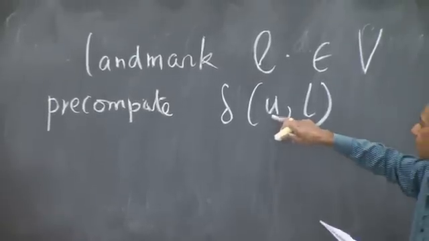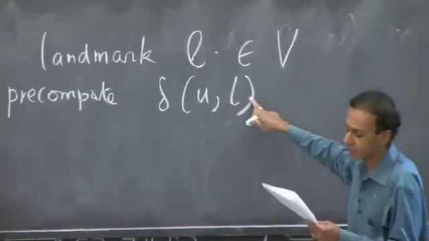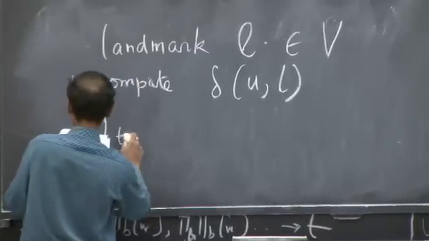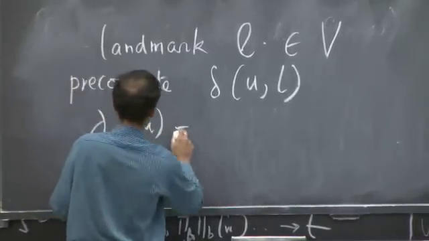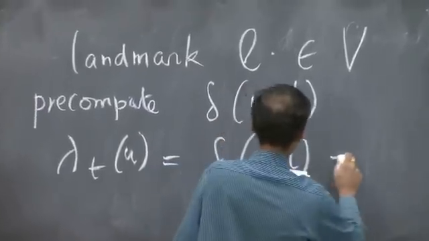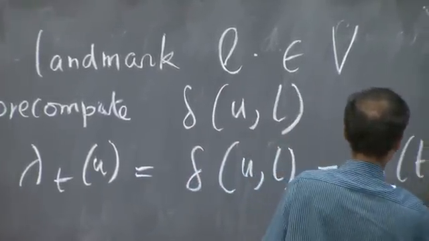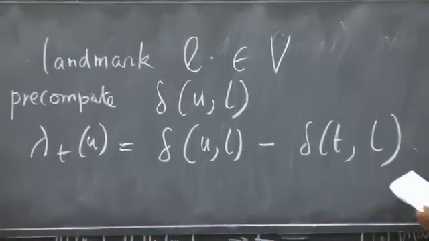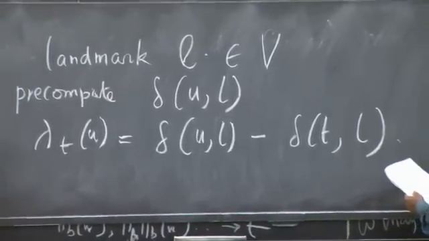So it's like change the source, but the destination stays the same. And the potential, lambda_T(U), is defined as delta(U, L) minus delta(T, L). Okay? So you have a source S, you have a destination T, and now you have a landmark L.